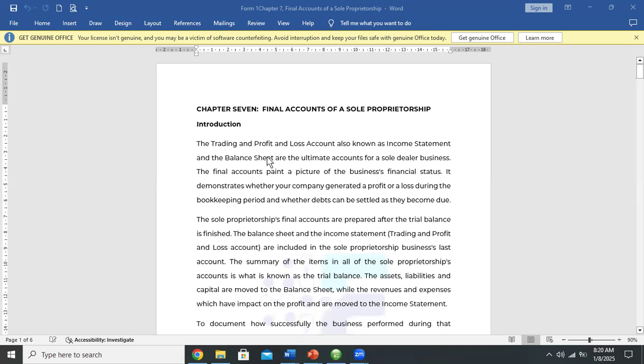So this topic in particular is looking at how we can prepare the financial statements to determine the performance of a particular type of business, and that's a sole proprietorship business.